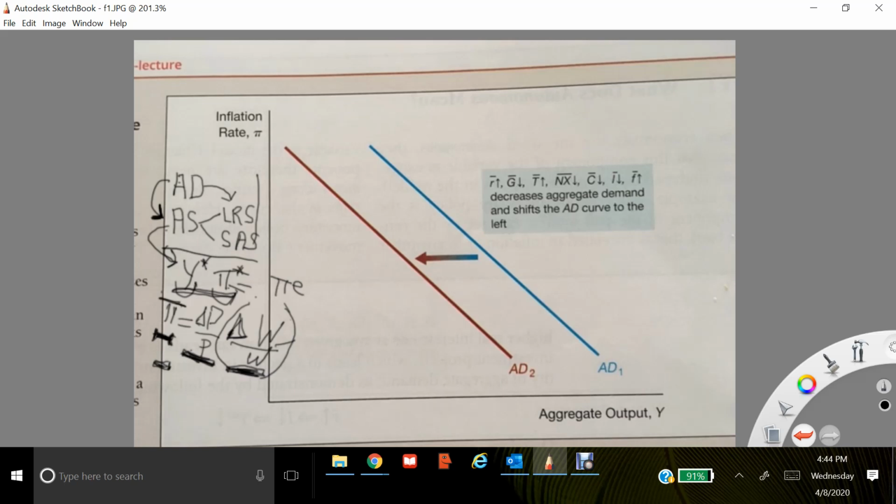So the government is going to try and control these two variables, output and inflation. And we're looking in Chapter 22 at a model that's going to allow them to do that.